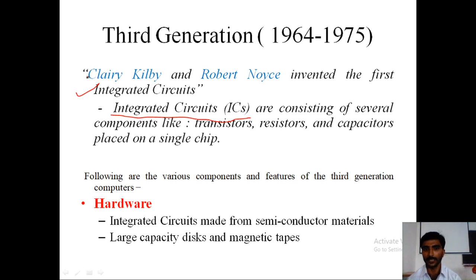See, the name says it: integrated. We place more than one component on one chip. That is called integrated circuits.